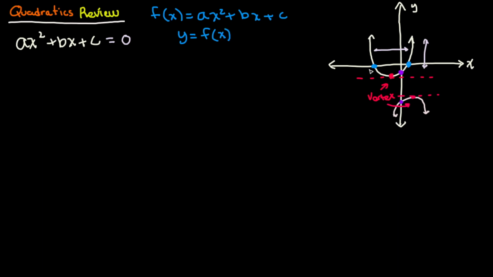So wherever these points on the parabola are, the y value of those coordinates is 0. Since y is equal to this entire expression, we just set that y to 0, and we have to solve here.